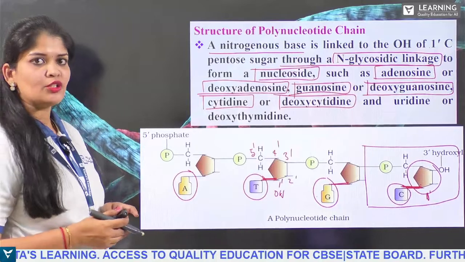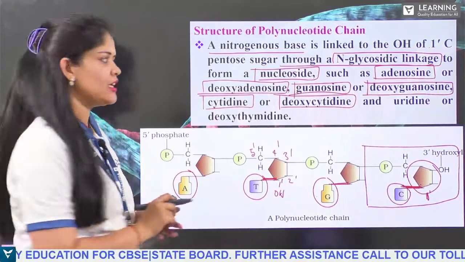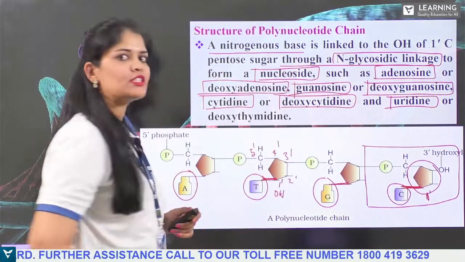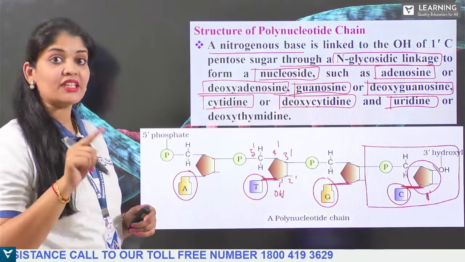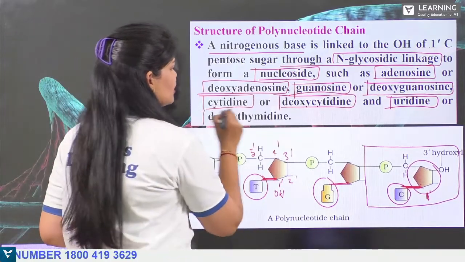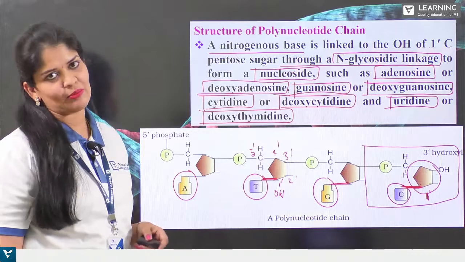If it is uracil, uracil is present only in RNA. So, uridine. But in DNA, we find T, that is thymine, so thymidine, deoxythymidine.